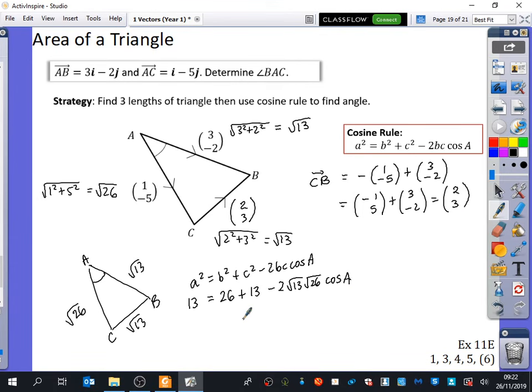So we can either put this on that side or we can actually just solve the whole equation. So we've got 13 minus 26 minus 13.